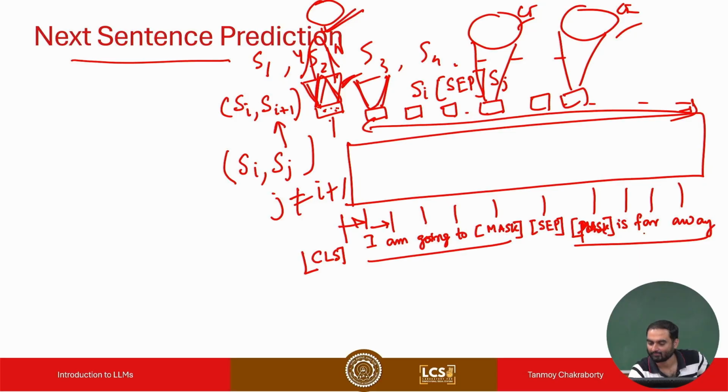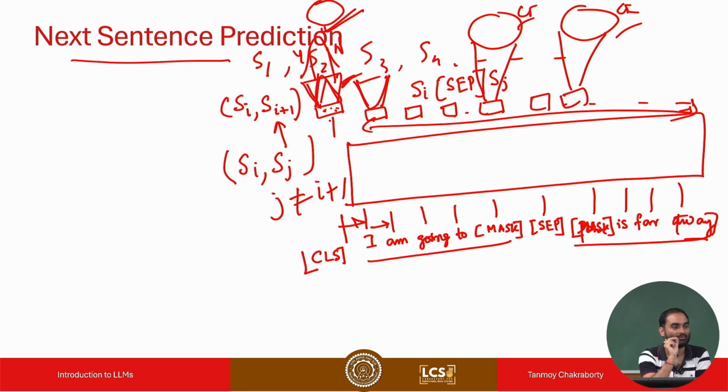It can be that park is chosen for masking. No, that is wrong. So please do not assume that if I choose the word park for masking, all the instances of park will be masked. No, you are not choosing a word. You are choosing a position.